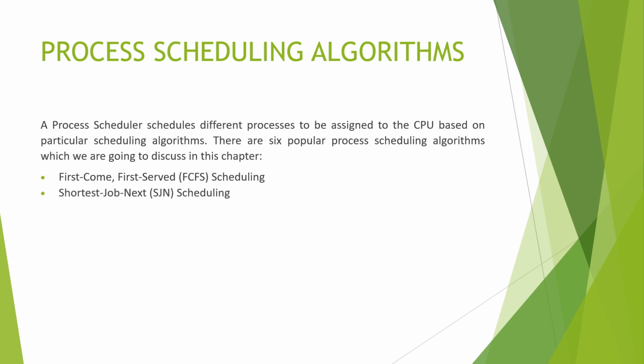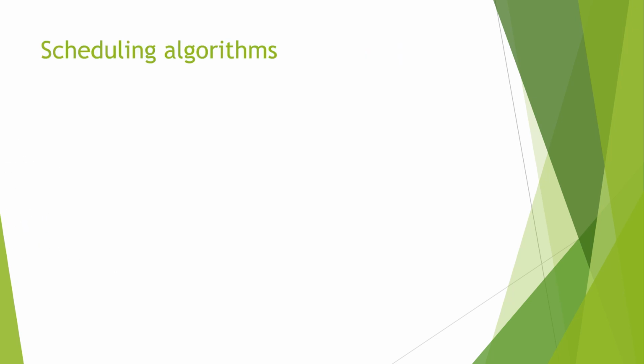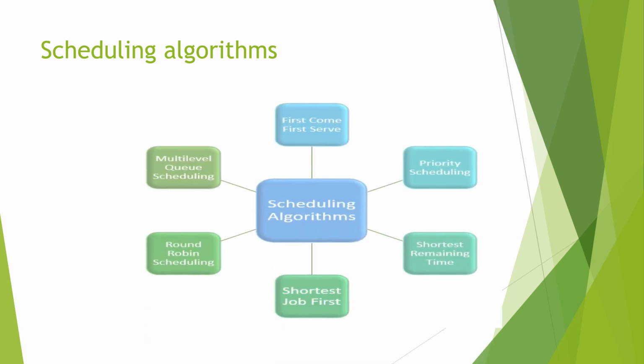Next is shortest job next scheduling. Priority scheduling, shortest remaining time, round-robin scheduling, multi-level queues scheduling.